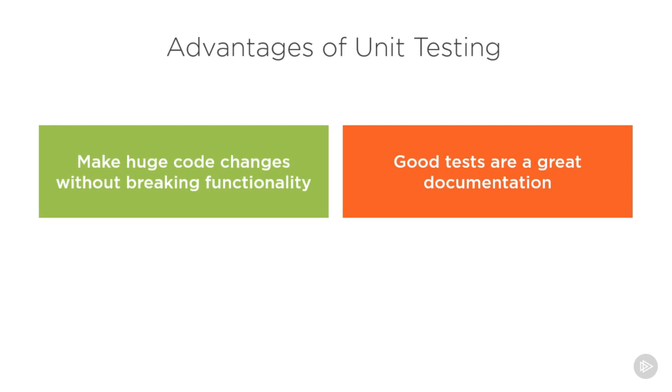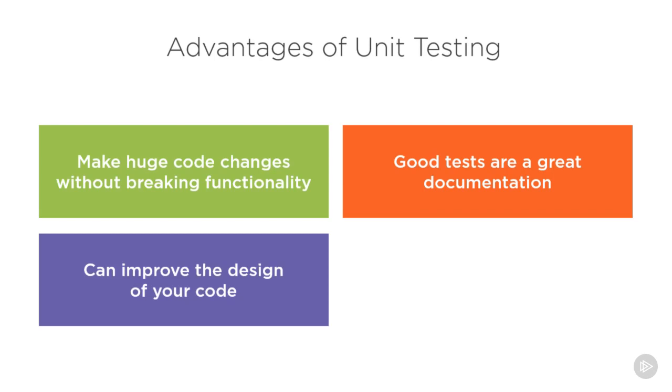Well-written unit tests allow other developers to look at the tests to understand the implementation. Another advantage is that unit tests can improve the design of your code. This is especially true if you write the unit test before you do the actual implementation. And that's exactly what we do in this course by using the approach of test-driven development.